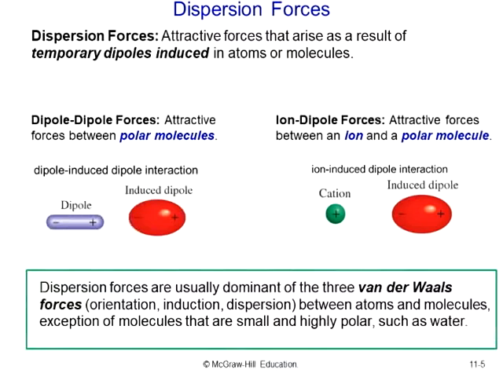And simply by the names, you know what it means. You see ion dipole, that means one part is an ion, the other part is a polar molecule. If you see dipole-dipole, it simply means you have polar molecules that have an induced dipole because of this interaction or proximity to the other molecules.